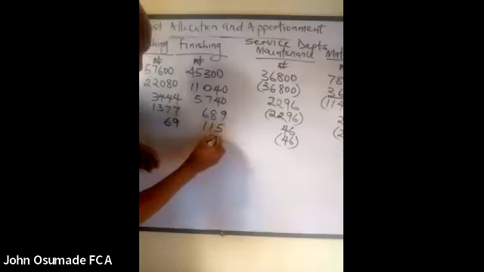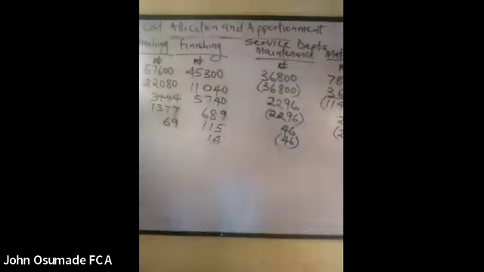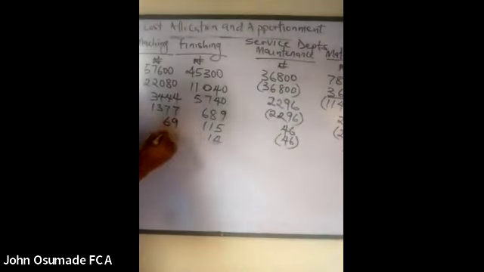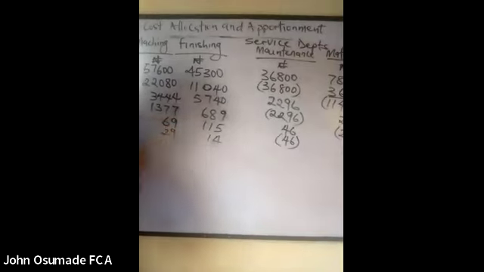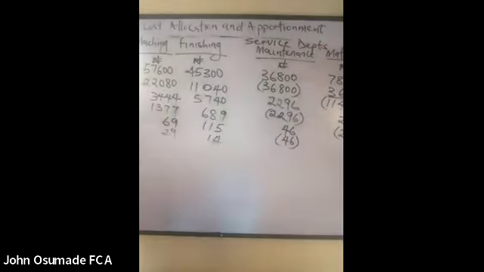Finishing is 14, not 15. Difference of one. I can give the one to machining. What it means is that this one will be 31 or 29. 29 plus 14, that is 43. It's too much. 28. No.